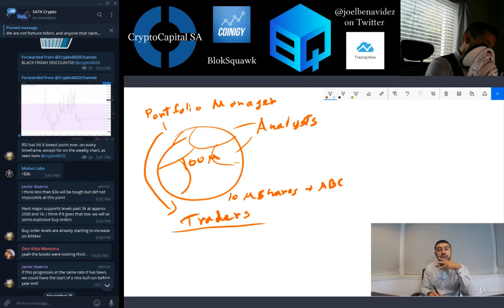And the trader is going to have to go and buy those shares. Now, how is this trader going to get compensated? Is he going to get paid if the value of the stock goes up? Or, no, because he didn't make the decision. He didn't decide if it's a buy or a sell. He didn't come up with the recommendation. His only job is to buy the shares.